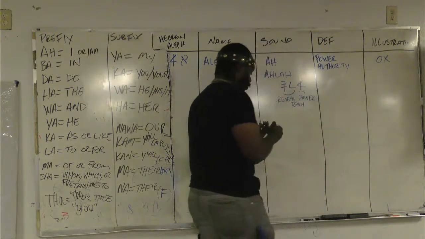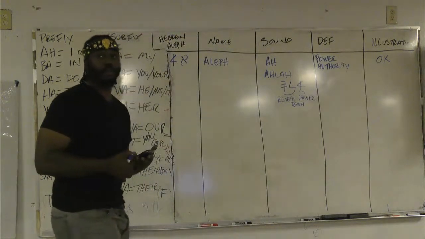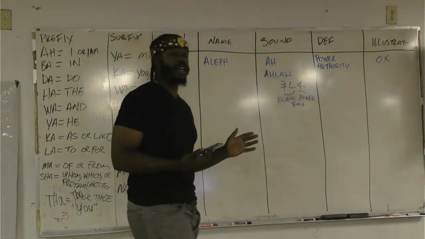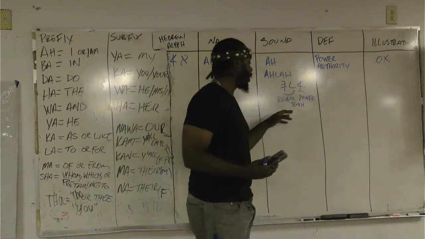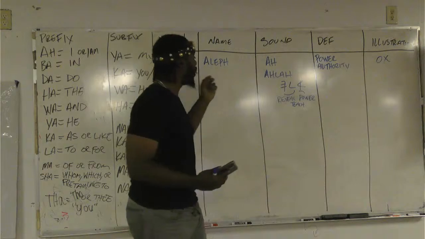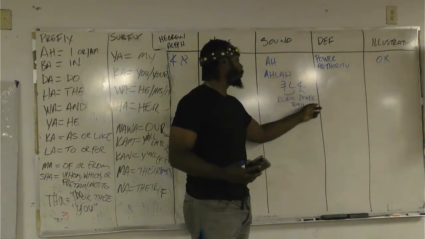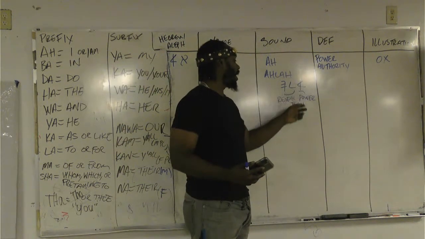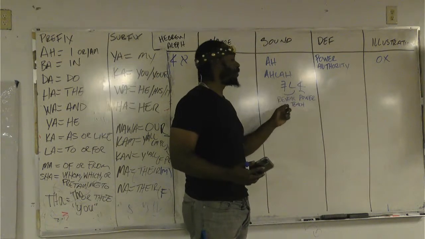Ha means to reveal. All right. So just to show you from an alphabetical standpoint, breaking down the word God in Hebrew, Allah, each alphabet has its own definition. So we know Aleph means power or authority, La in definition means teach, Ha means to reveal.